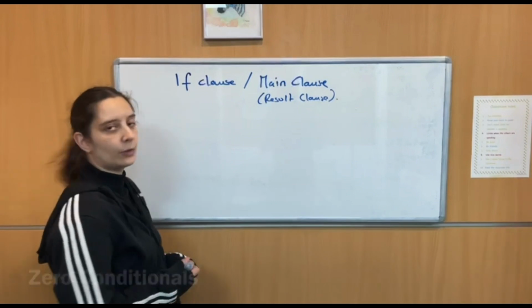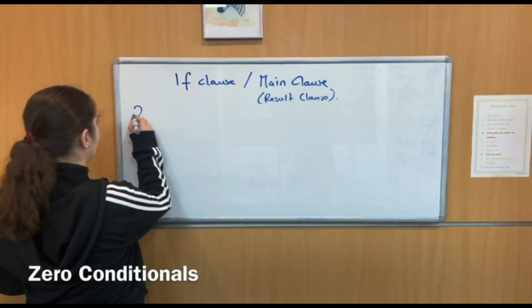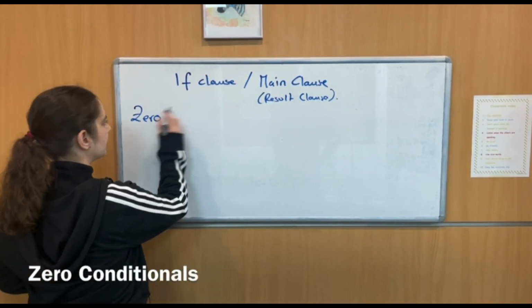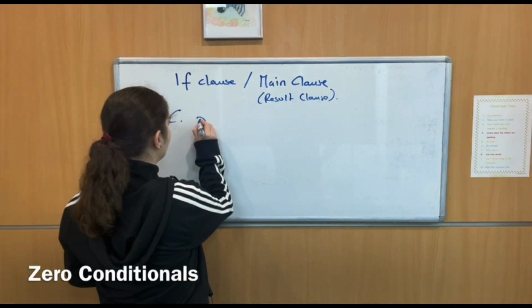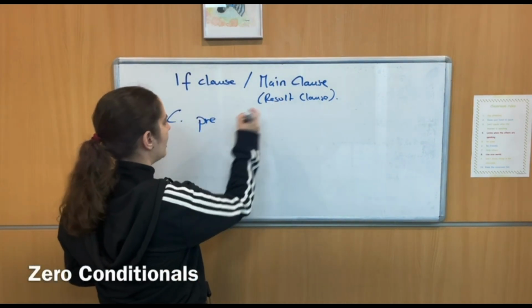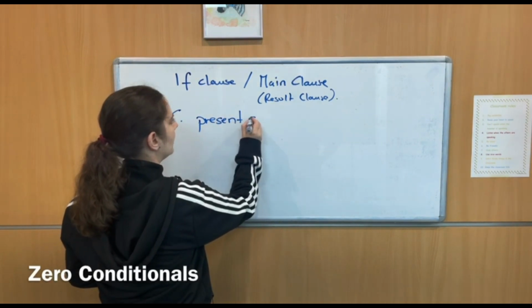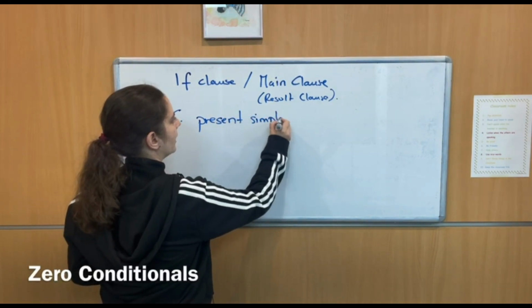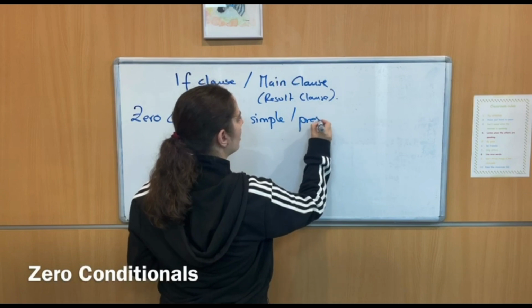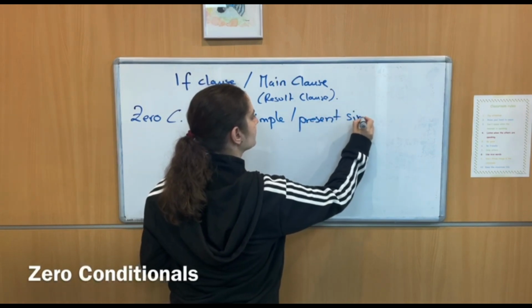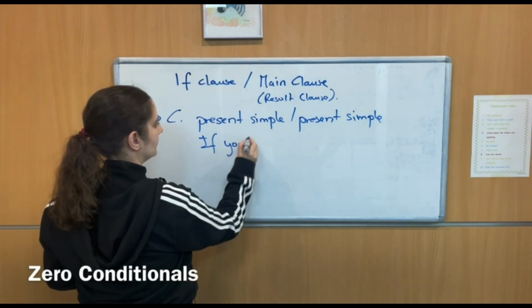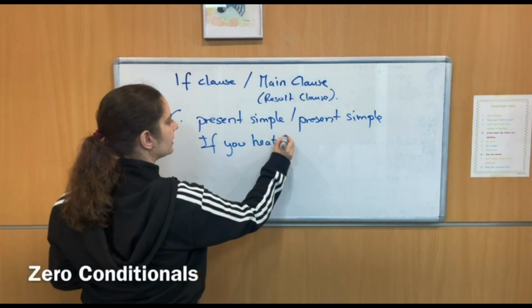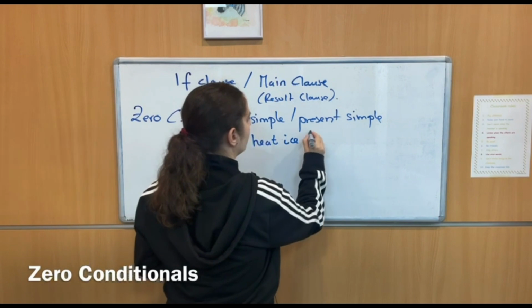Okay, so first of all we have the zero conditional, which is quite simple since it is with the present simple. So we use the present simple in both the if clause and the main clause. For example, if you heat ice, it melts.